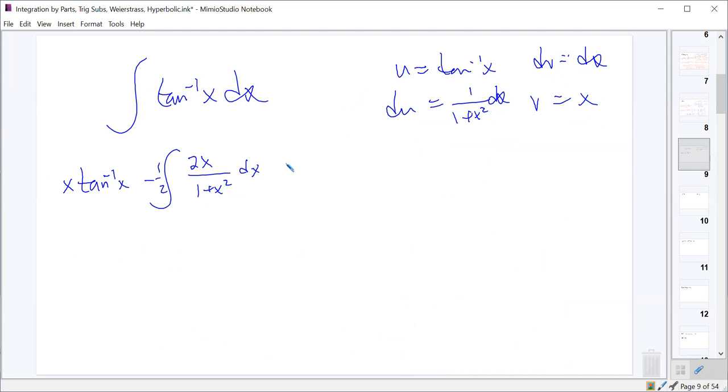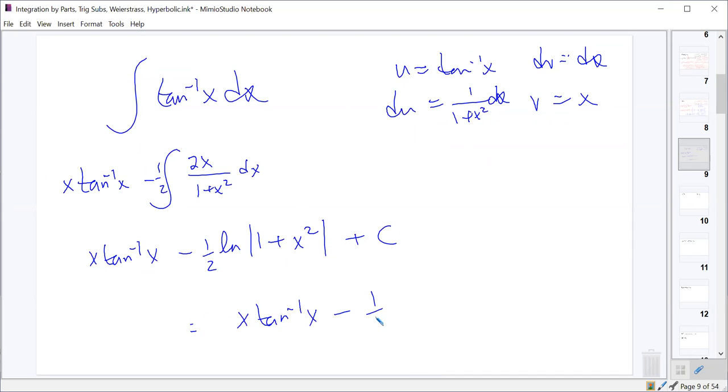And then we did our u substitution, so this became x inverse tangent x minus 1/2 natural log absolute value of u. And what was our u? Our u was absolute value of 1 plus x squared plus our constant. And then we would note that 1 plus x squared is always positive. So this is x inverse tangent x minus 1/2 natural log of 1 plus x squared plus our constant.